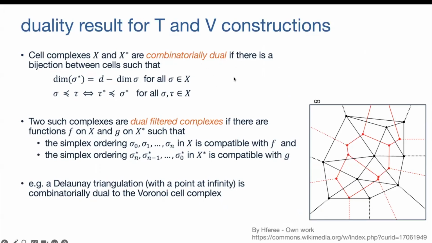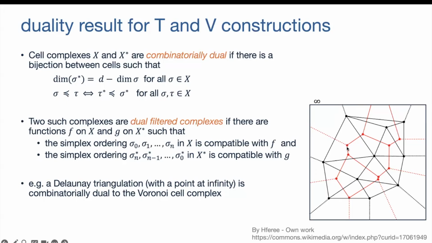Okay, so this is basically formalizing the picture that you would get from a Delaunay versus Voronoi partition picture, where your Delaunay triangles are geometrically dual to your Voronoi vertices. Yep.